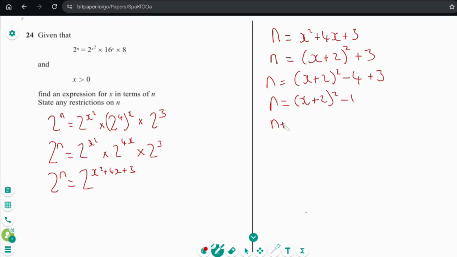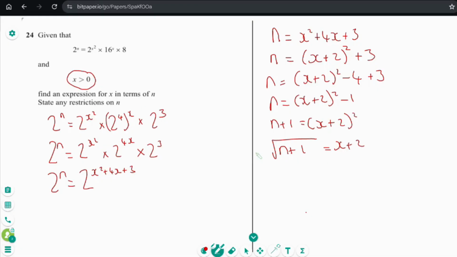I add 1 to both sides. Let me just get rid of that bracket. Now square root both sides. Okay, so x is bigger than 0, right?